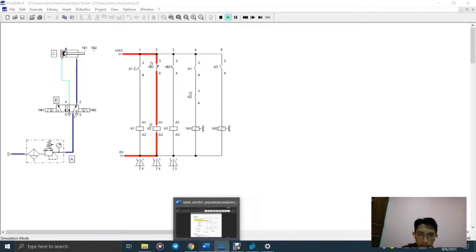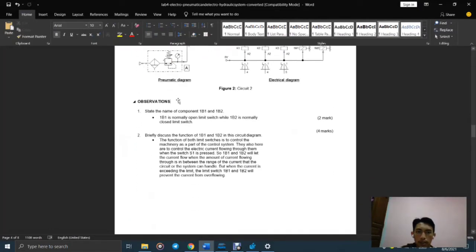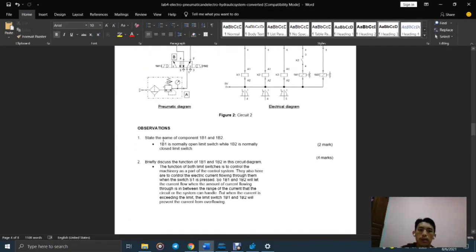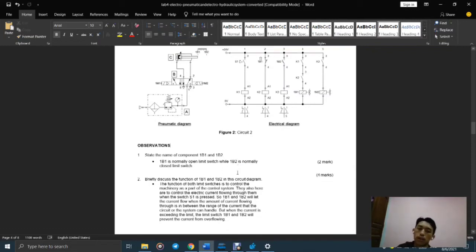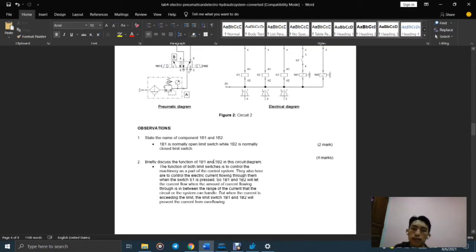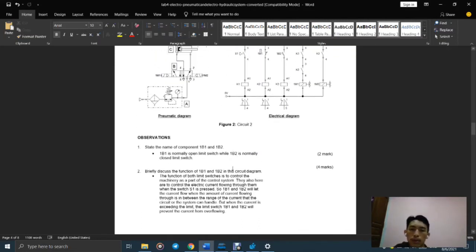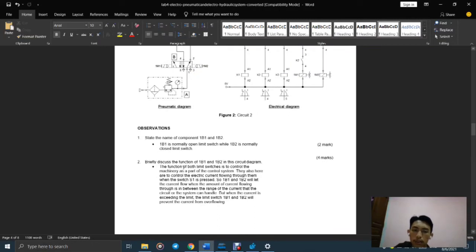Let's move to the observation. First, state the name of component 1B1 and 1B2. The name of component 1B1 is normally open limit switch, while 1B2 is normally closed limit switch. Discuss the function of 1B1 and 1B2 in this circuit. The function of both limit switches is to control the machinery as a part of the control system.